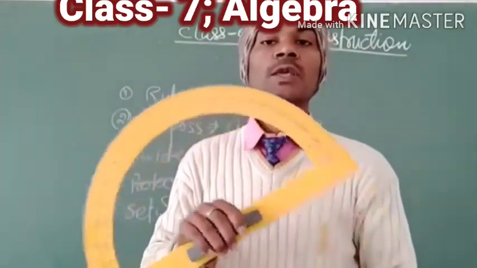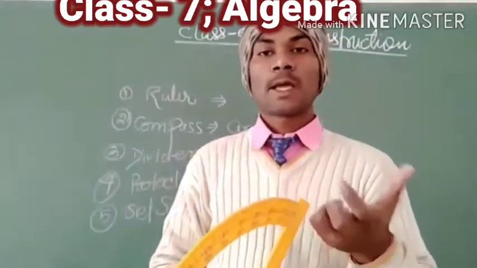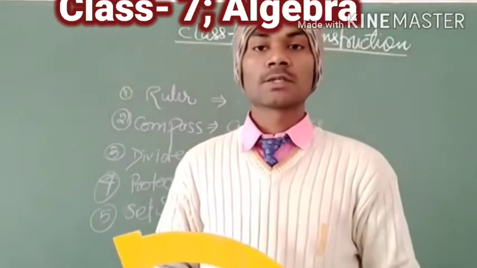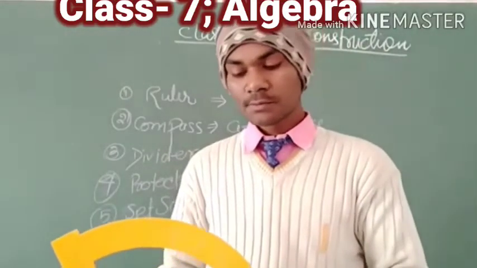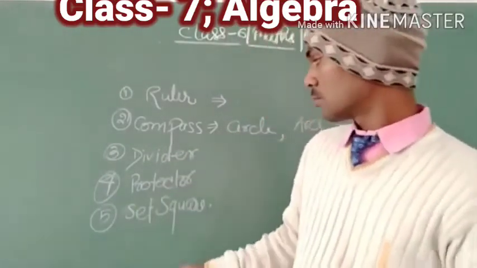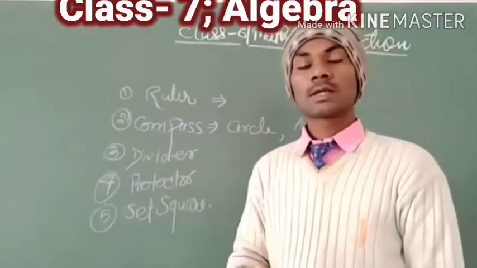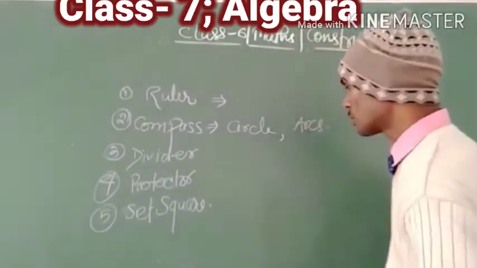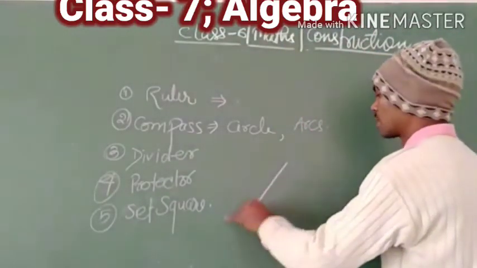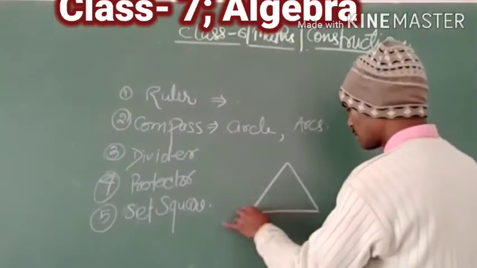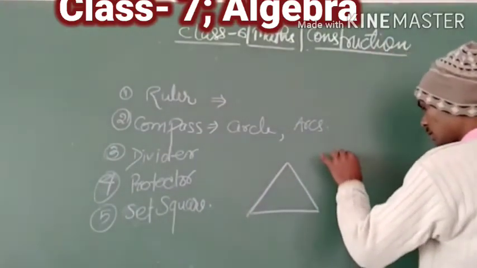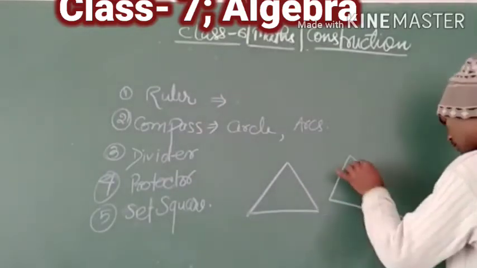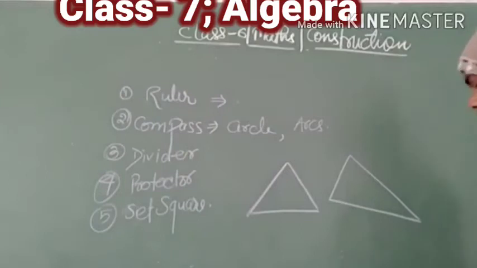Using the protector, we can measure the angle in the clockwise or anti-clockwise direction. Then there is also the set square. A set square is a metallic or plastic tool which looks like a triangle like this, and the other looks like this.